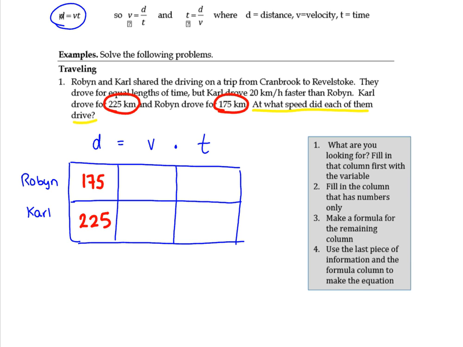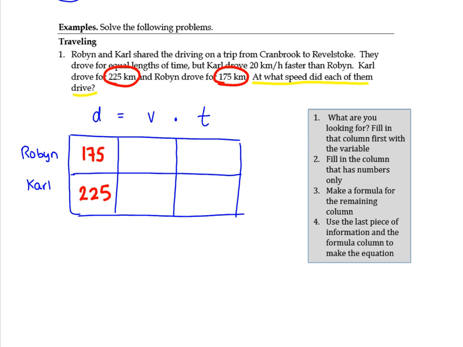Is there some information they give us about speed? Carl drove 20 kilometers faster than Robin. So who do you want to be X? Should we make Carl X or Robin X, if Carl drove 20 faster than Robin?